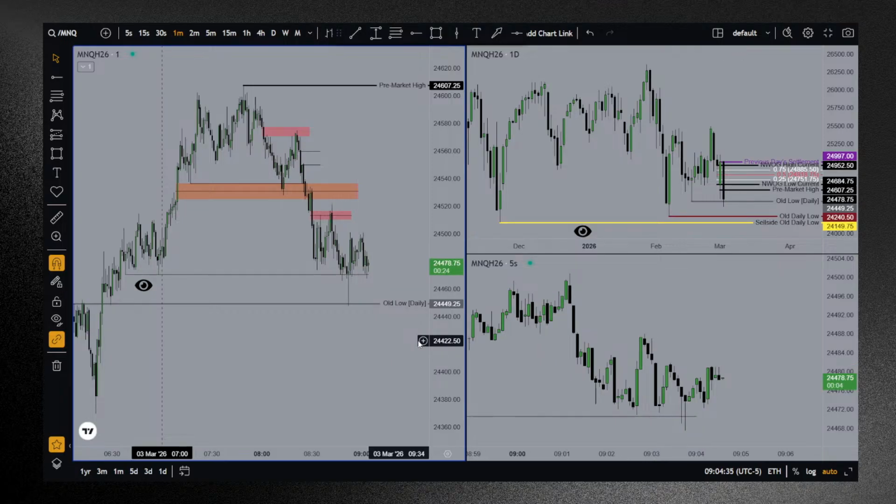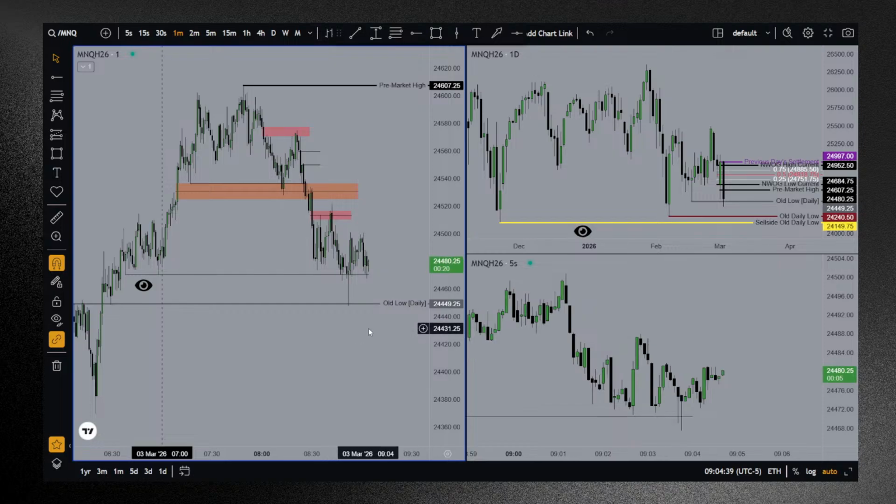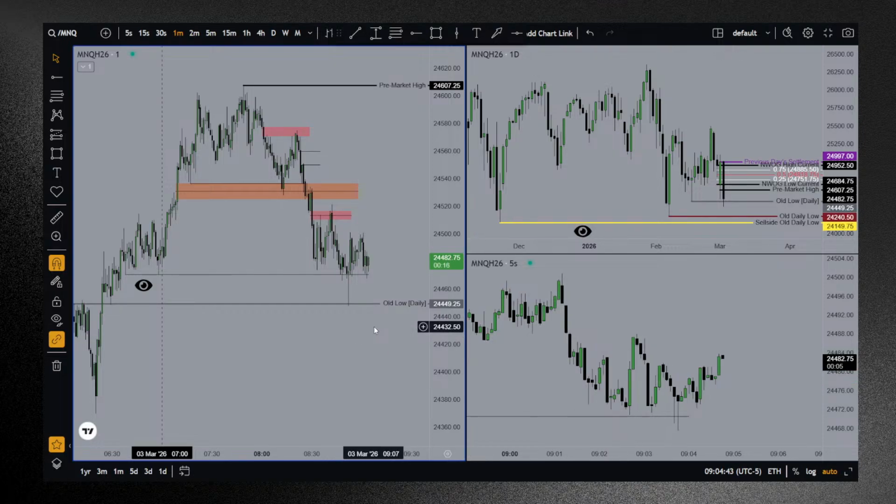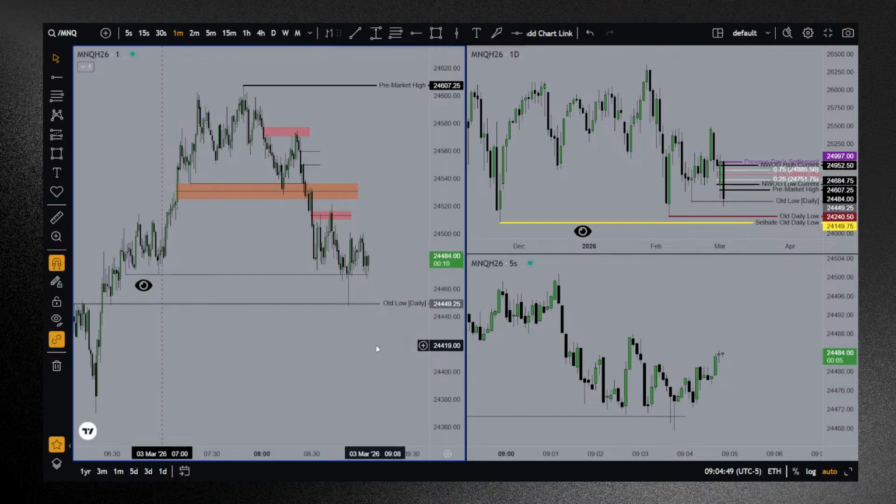One trade per week is very good. Yeah, sure. If you can finesse one very proper trade per week, that's amazing, bro. That's all you need. You don't need anything more.